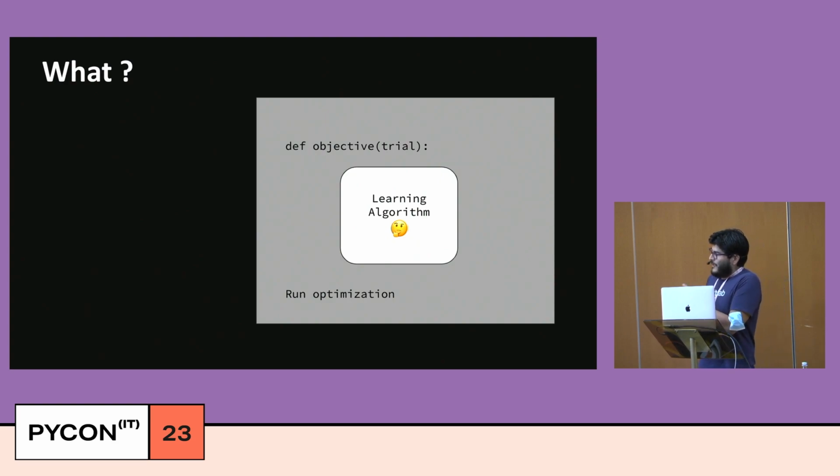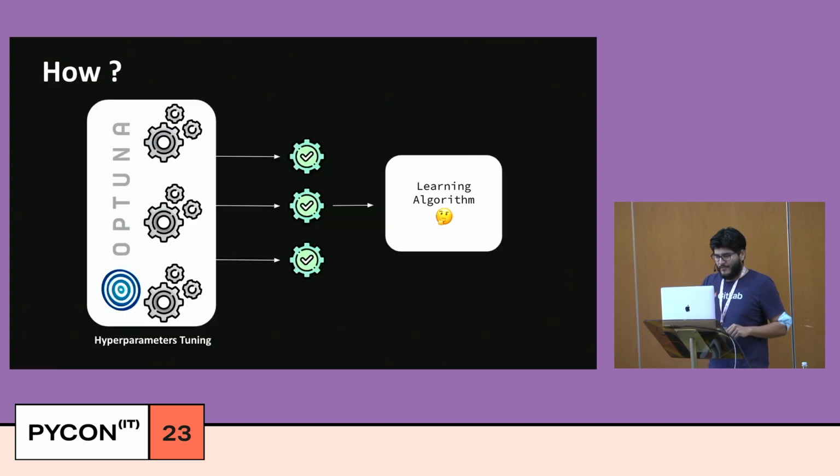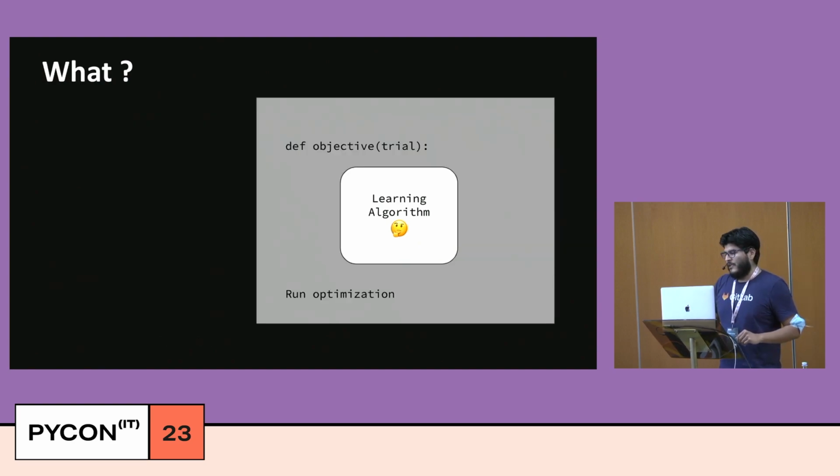So I told you what the problem was, and how you can solve it by using a hyperparameter tuning library that has a different architecture, and now what? It's very intuitive, and I would say easy to understand, the main recipe or the main concept. The first thing that you do is take your learning algorithm, whatever it is. It can be random forest, XGBoost, like in this case, or even a neural network.